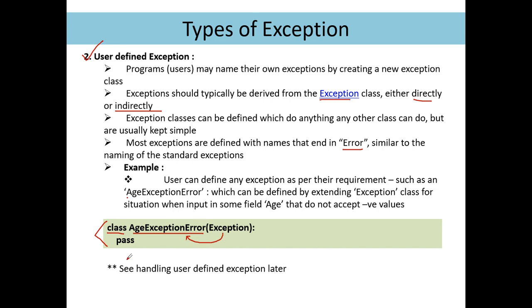Inside that class we are not having any code, we just give the pass keyword. That means we just define a user-defined class, AgeExceptionError, as a kind of exception, so that the system will understand this is an exception.